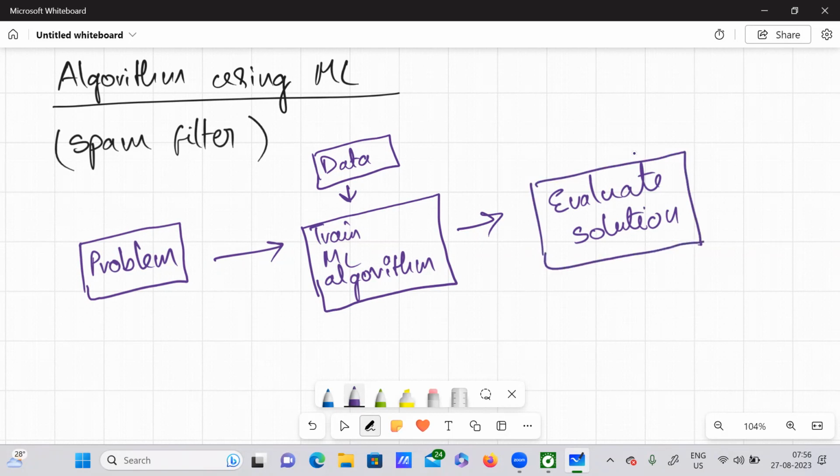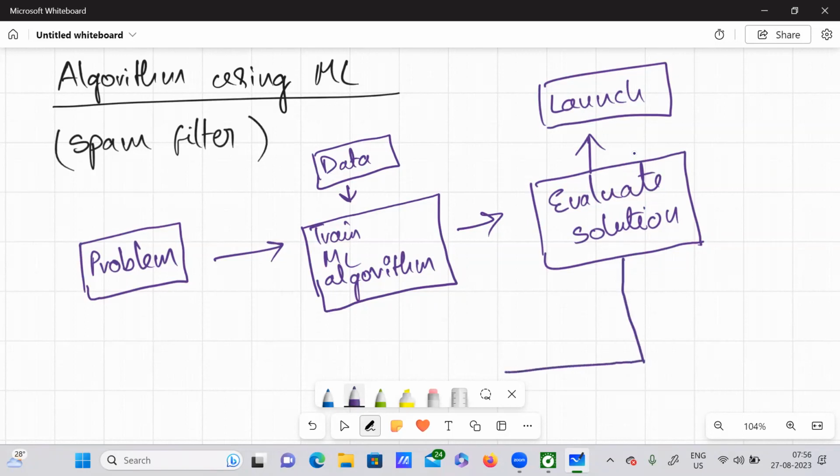After evaluating, if all the performance measures are good enough, then you just launch it. If the performance measures are not satisfactory, then we go and look for errors.